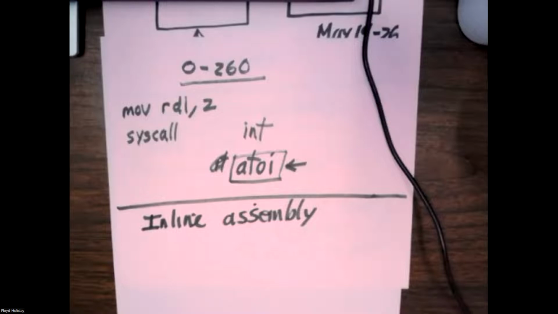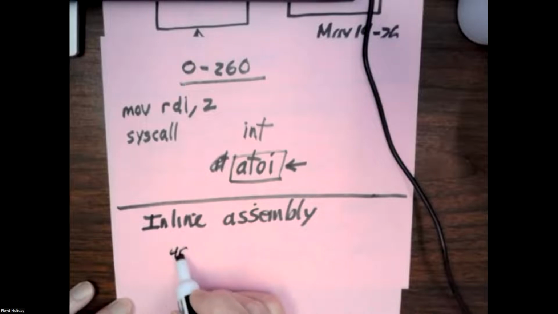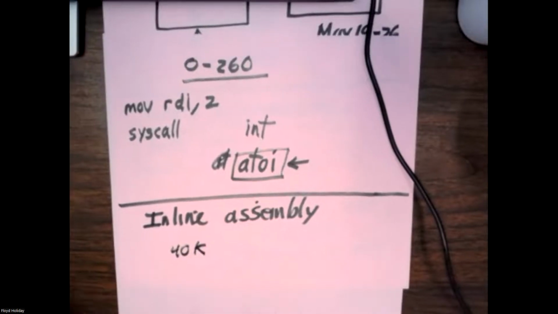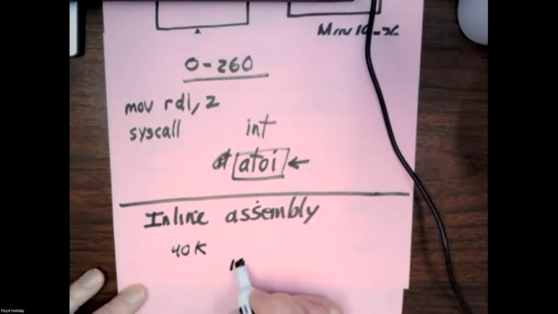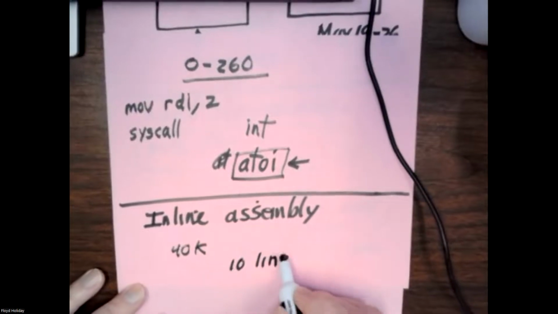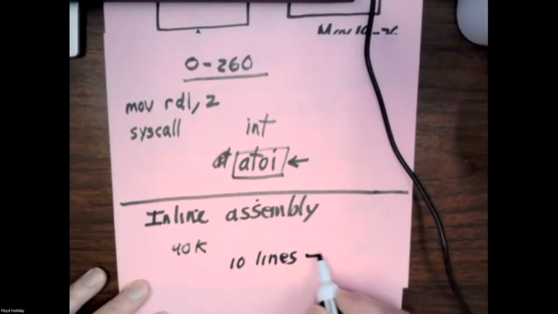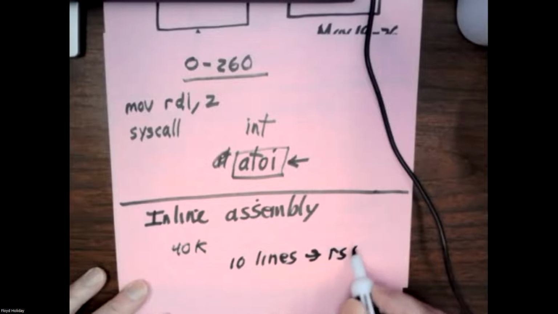Just this tiny minuscule piece has to be in assembly. Maybe your team is creating a project of 40,000 lines of code, and someplace you need 10 lines of code because you have to access register RSP for whatever reason.